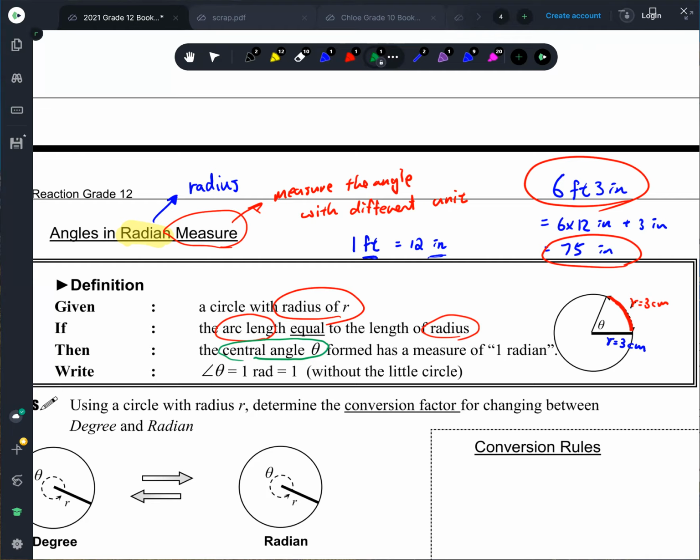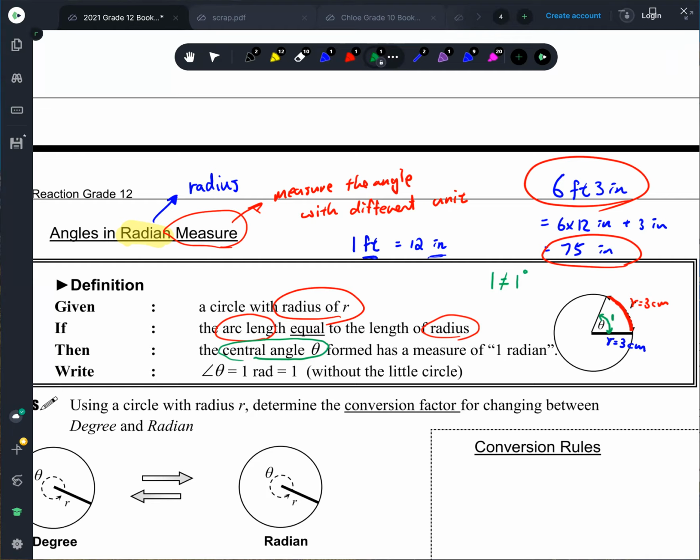So this part is called 1 radian. We just write 1. So you don't put a little circle, okay? So 1 is different from 1 degree.